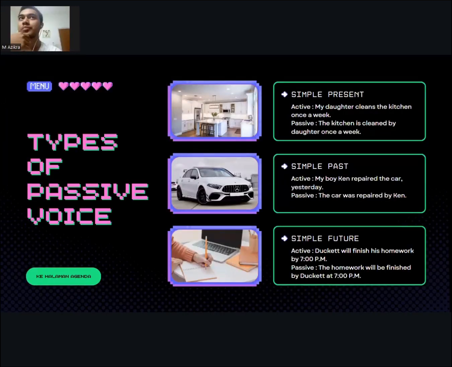So this is the example of the types of passive voice. First of all is the simple present. The active sentence of the simple present is: my daughter cleans the kitchen once a week. The cleans is verb one. So in passive: the kitchen is cleaned by my daughter once a week.